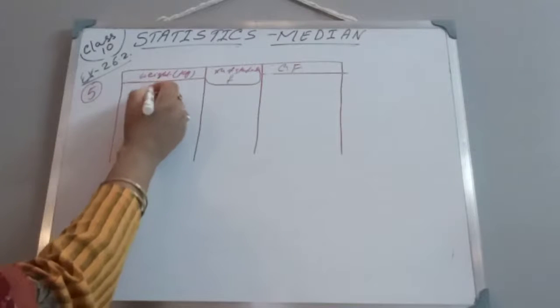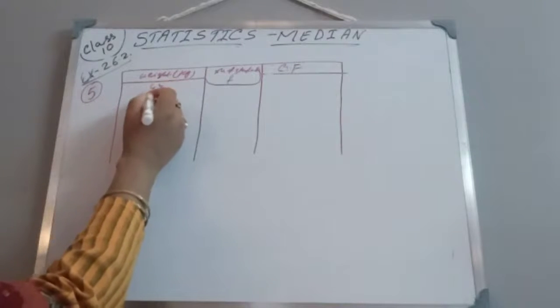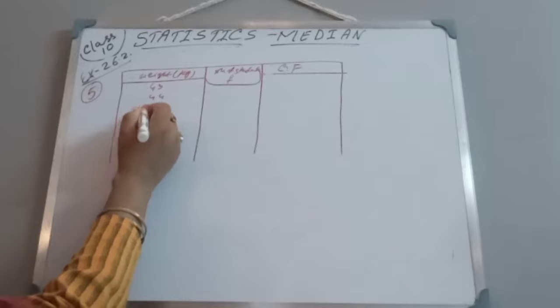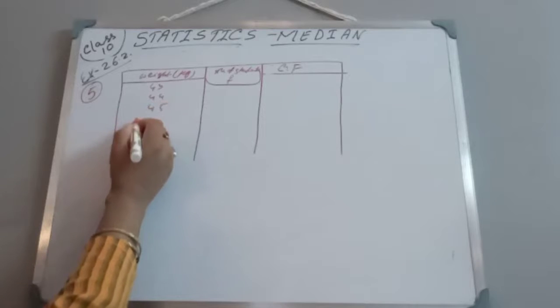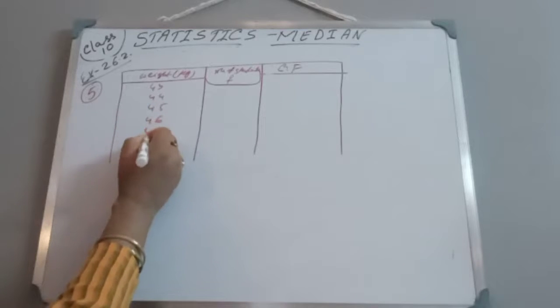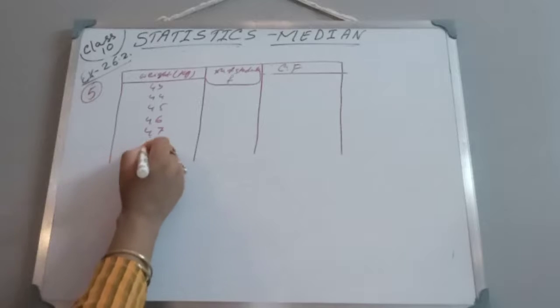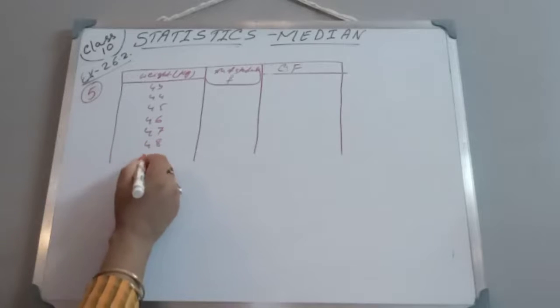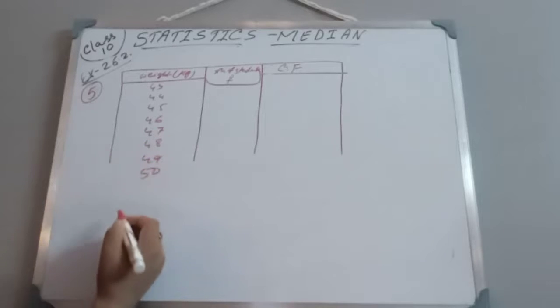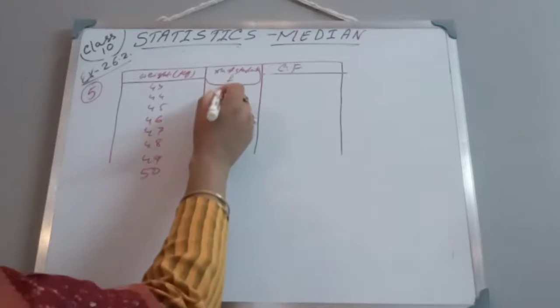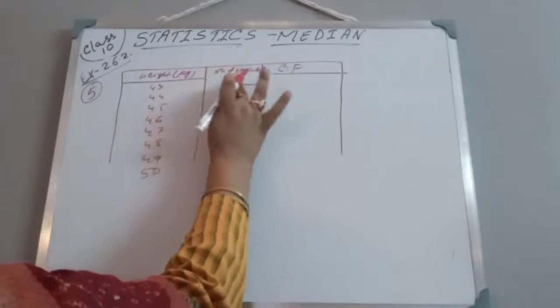What are the weights given? 43. Next 44. Next 45. Next 46. Next 47. 48. 49. 50.